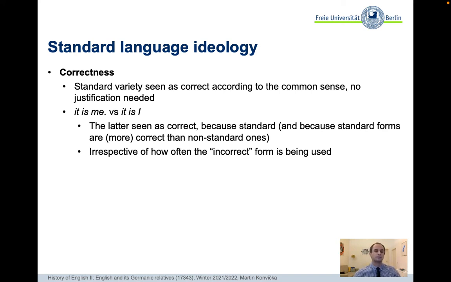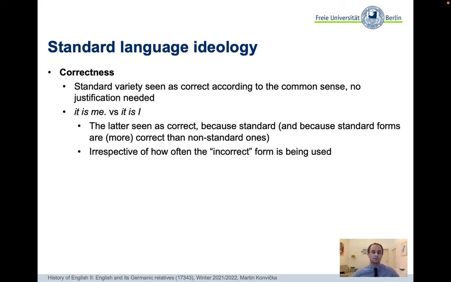Another thing is this axiomatic nature of the standard variety. The standard variety is very often seen as correct, and it is seen as correct according to common sense. Nobody proposing a standard variety has to really justify why that variety should be the standard one. It's according to the so-called common sense that the standard variety is the standard. Right?